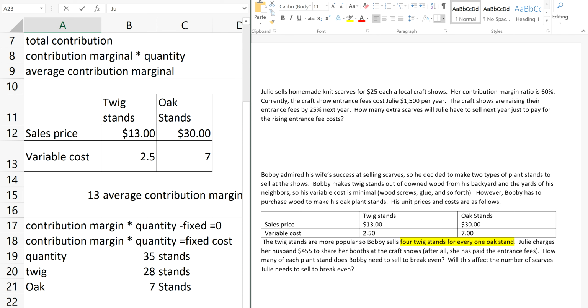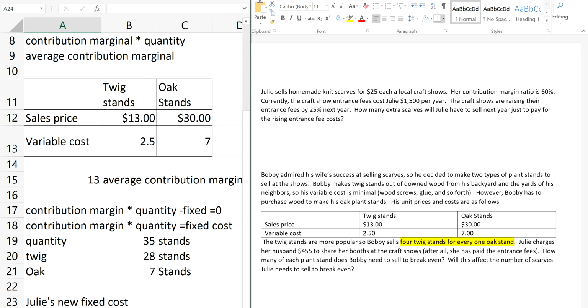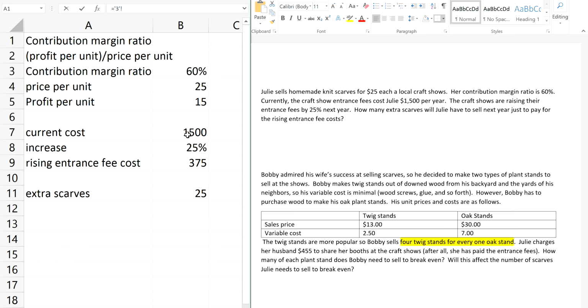So Julie's new fixed cost, let's start from the beginning. We have $1,500 plus $375. That's how much she's going to pay for the entrance fee, and we subtract how much her husband pays her now.